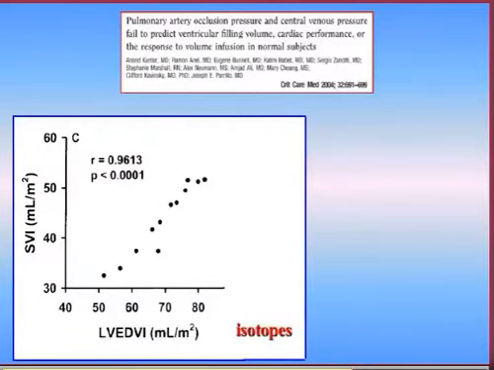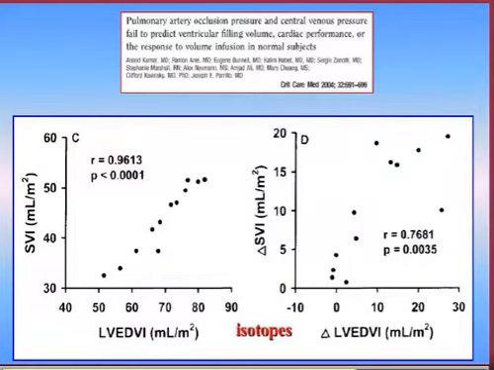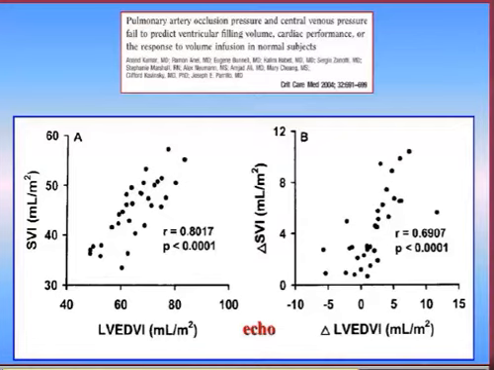But they found a good correlation between left ventricular end-diastolic volume index measured by isotopes on the x-axis and stroke volume index measured on the y-axis. They also observed a very nice correlation between the changes in both parameters with isotopes, but also with echocardiographic measurements.